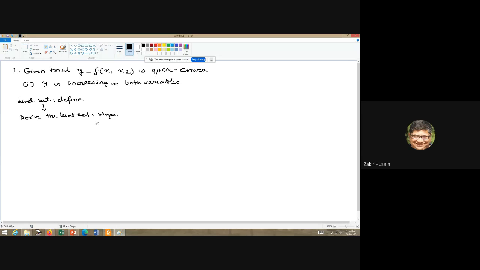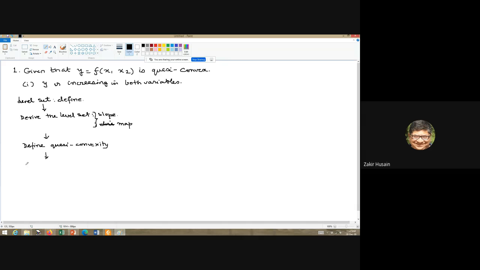Then you have to derive the map of the level set. Okay. After this, define quasi-convexity.